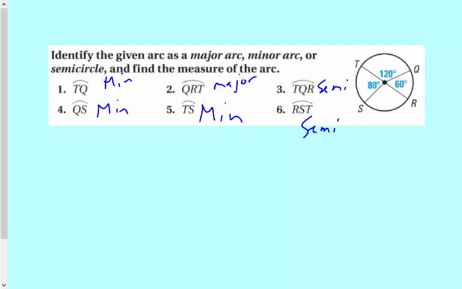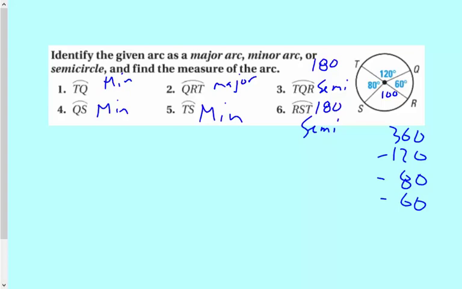So I'm going to find out what arc SR is quickly by doing 360 minus 120 minus 80 minus 60, so I guess I could just add up those. That'd be 260, so that'd be 100 degrees there, and then I should be able to answer all these questions. These are semicircles, so I know they're going to be 180. So let's start with TQ.